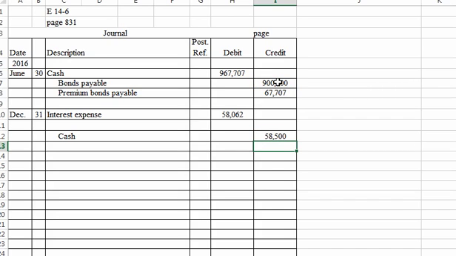That's $58,500. Okay, and then we're going to debit premium on bonds payable for the difference in the two. We get $438.